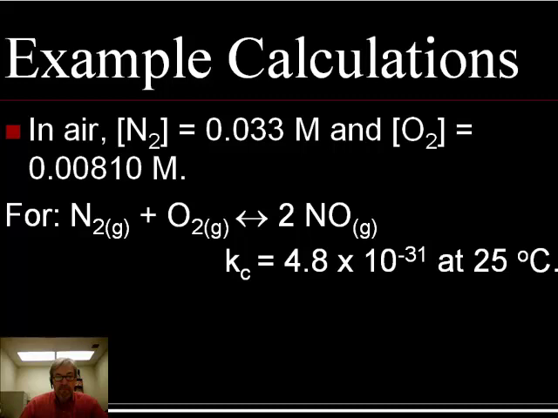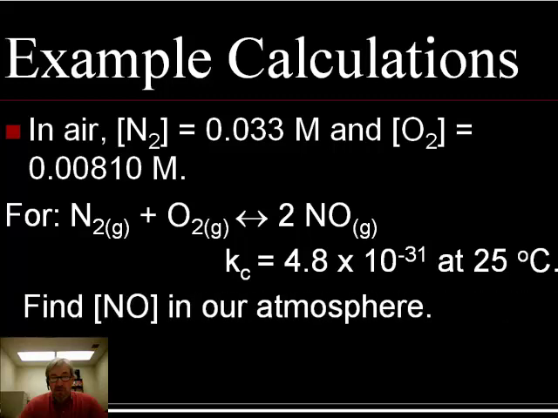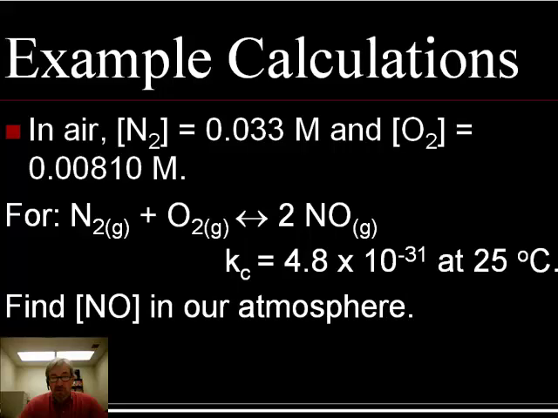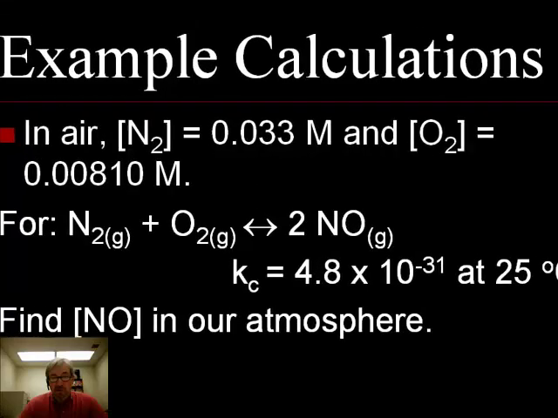The Kc for this reaction is very small, 4.8 times 10 to the negative 31 at 25 degrees C. And that's good, because a small K value means that the reaction doesn't happen very much, and we don't really want lots of poisonous NO being created from the gases that are in our atmosphere. But the question here is, what is the concentration of NO in our atmosphere naturally occurring from this reversible reaction?